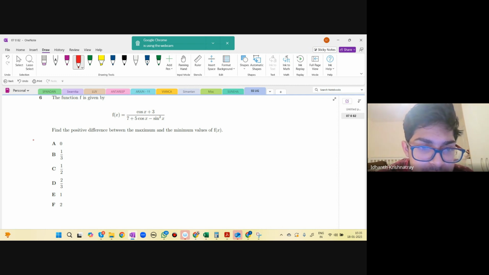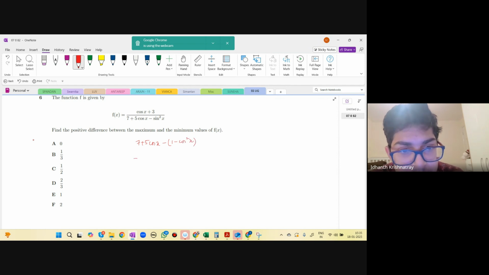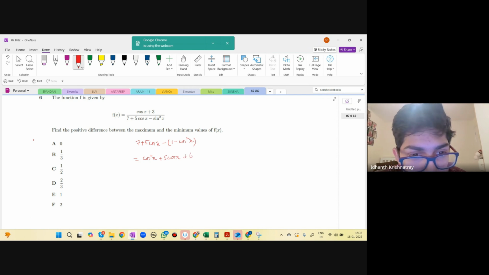Okay, so you can change the sine squared x to 1 minus cos squared x. So first let us simplify this. 7 plus 5 cos x minus 1 minus cos square x, which is cos square x plus 5 cos x plus 6, since 7 minus 1 is plus 6.